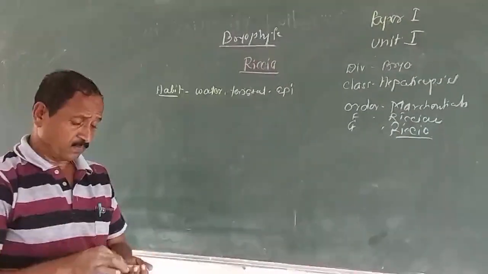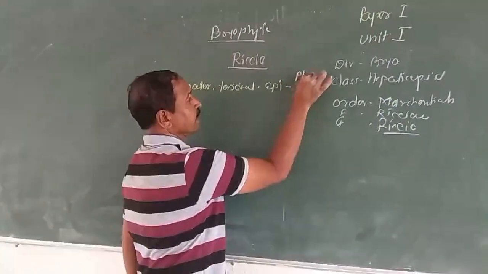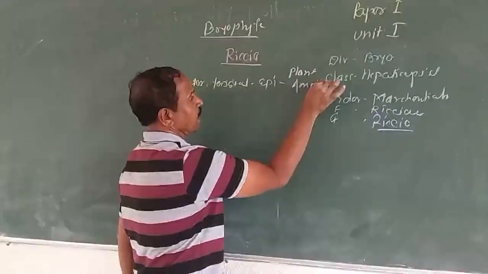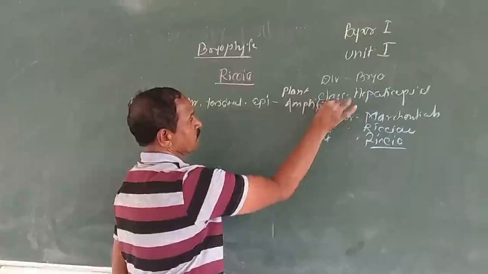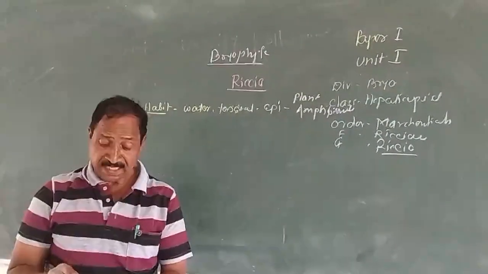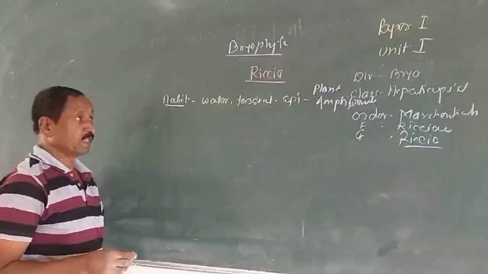So in botany, it is called as plant amphibians, means the plant which grows in terrestrial condition as well as in aquatic condition.